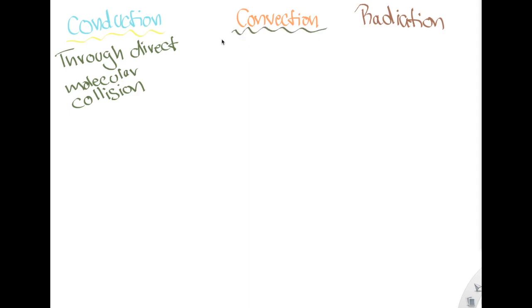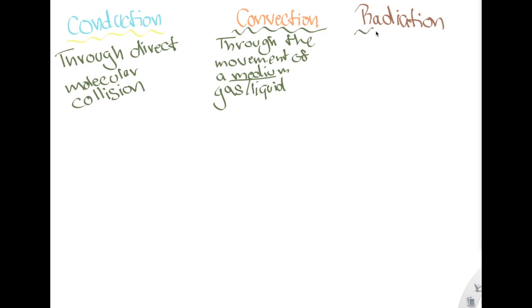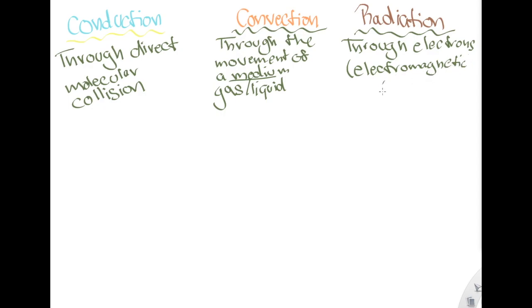Convection is a transfer of heat through the movement of a medium that's either a gas or a liquid, and heat transformation by radiation is the transfer of heat through electrons, or better put, electromagnetic waves.